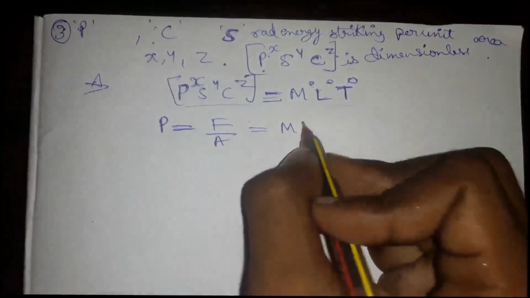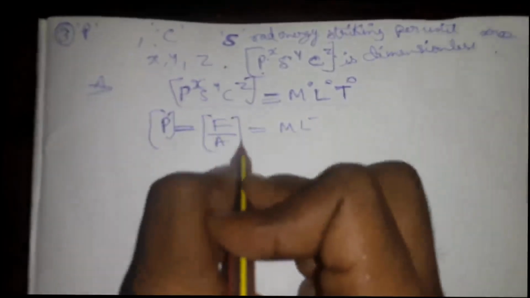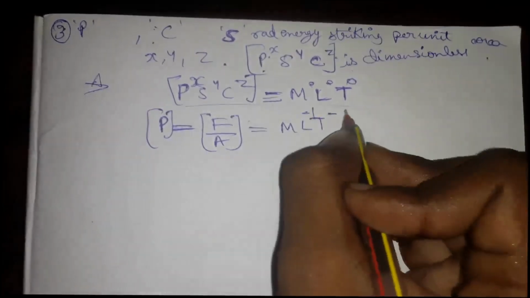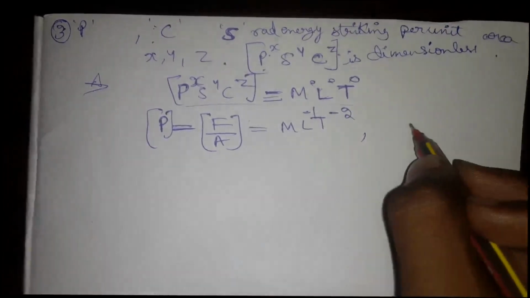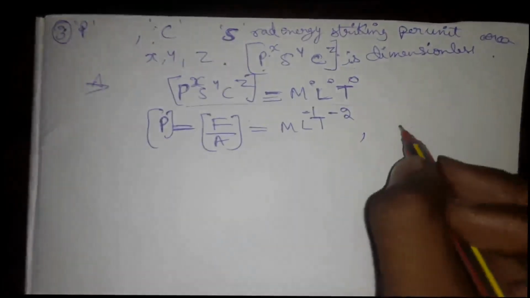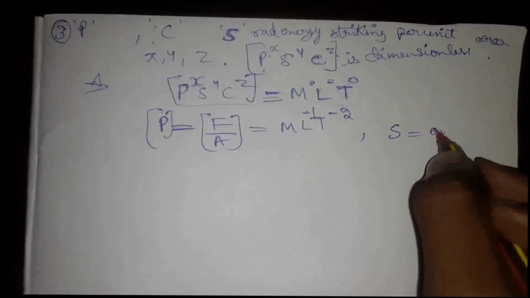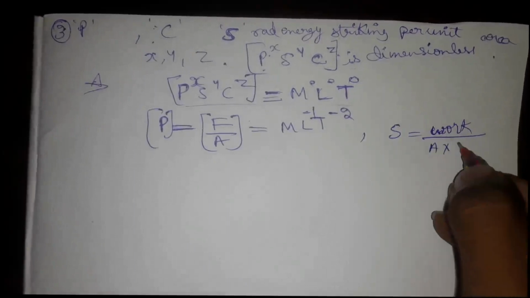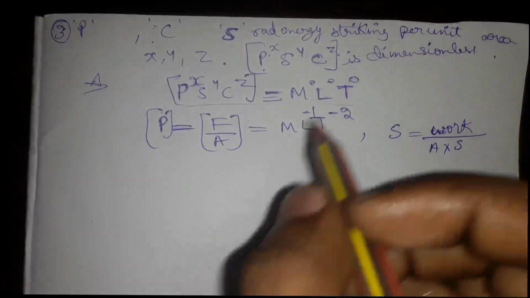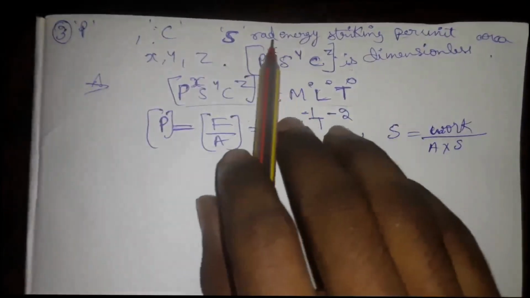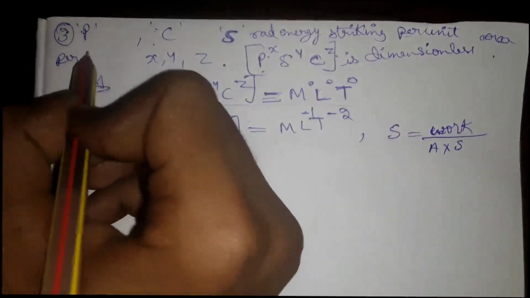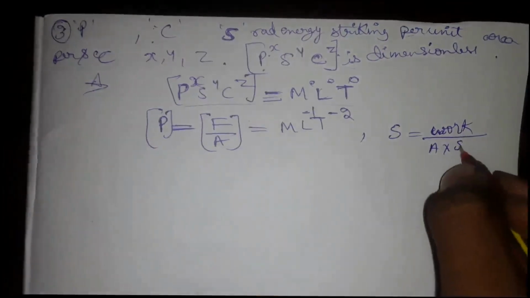The dimension of P would be ML minus 1 T minus 2, and S is the radiation energy striking per unit area, which means work divided by area into time. Small correction, radiation energy striking per unit area per second, which means S.